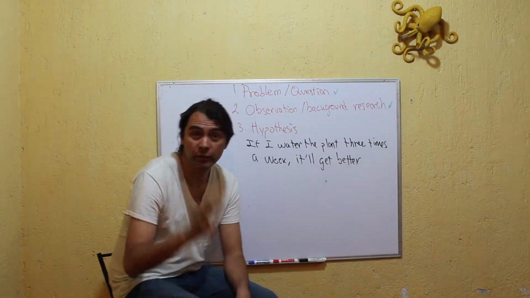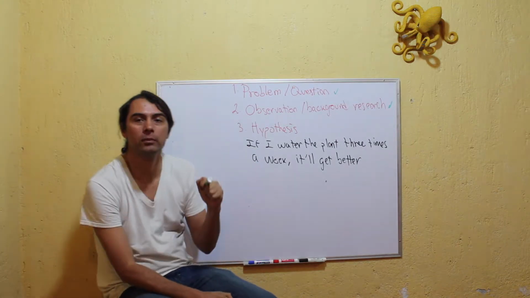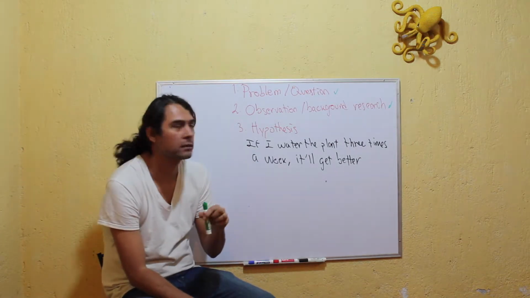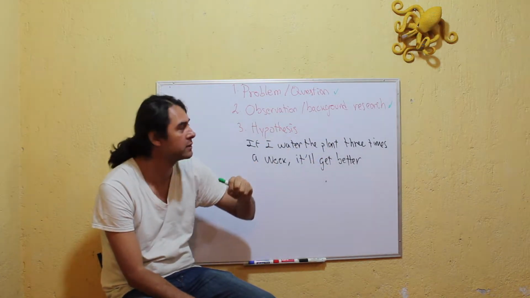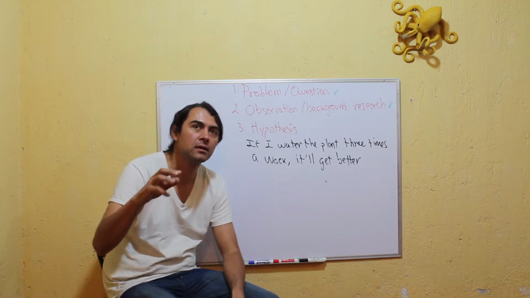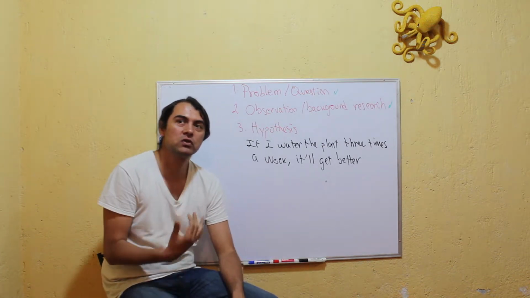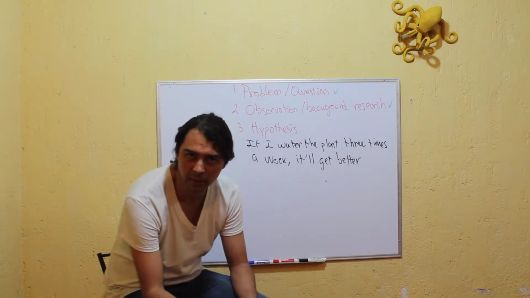Okay? Let's go to step number 3. Well guys, so we've come to step number 3. If I have already a problem and a question, and I've made my observations and done some research perhaps, now I can come up with a guess, yes? A prediction, something or somewhat of an idea of what I think the solution to the problem will be.